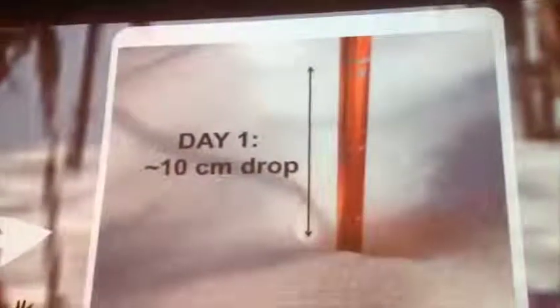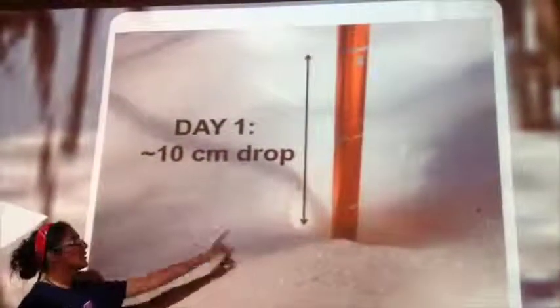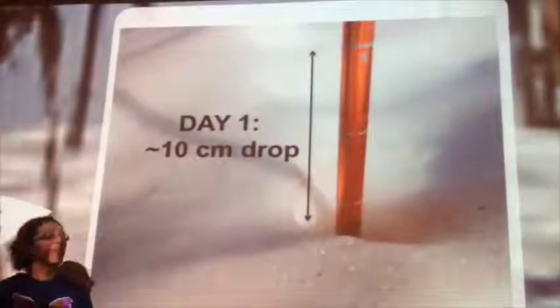That was the ablation stick I was talking about. This is how we decided how far deep to bury our sensors. But later we realized, if you look closely, there's a well forming around the ablation stake.